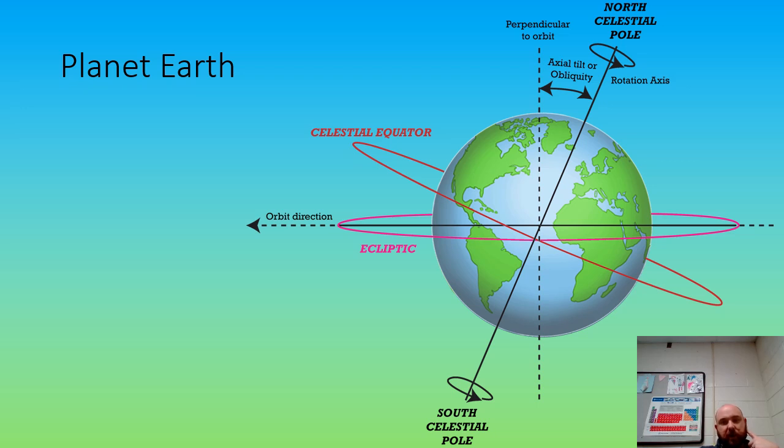So if we had a line that ran straight through the north and south poles, you can see that that line is not perpendicular to the 90-degree here. And the Earth actually spins around this way, just like this, because of that tilt on its axis. That is important for what we're getting ready to talk about here in just a second, how the seasons come about.